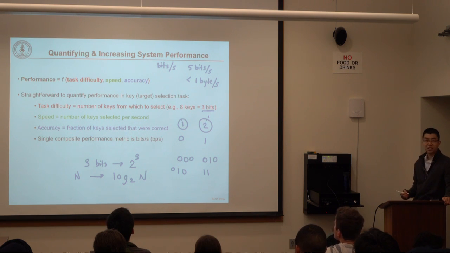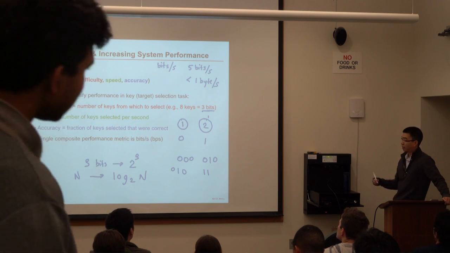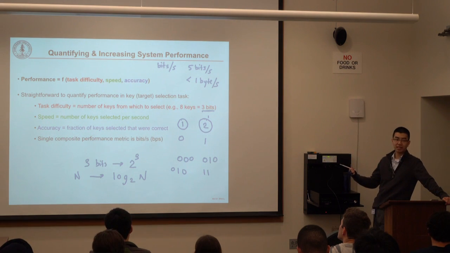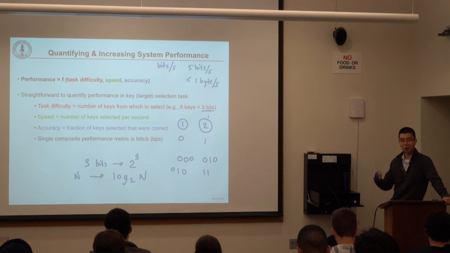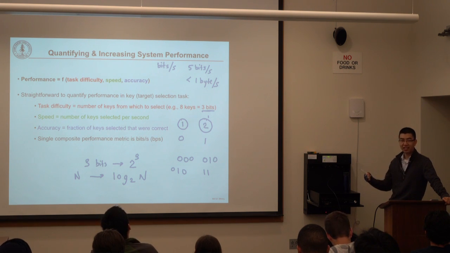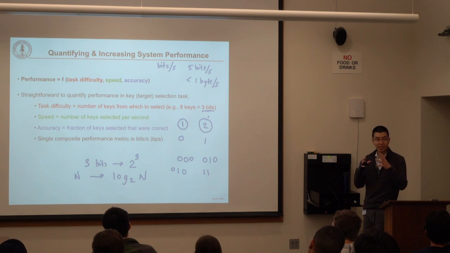And for accuracy, this is just a fraction of targets that you select correctly. And so if you had, for example, 16 targets, then each selection would convey 4 bits. But it's easier to decode 1 of 2 than 1 of 16, right? If you have 16 targets, then the targets will, for example, be more closely spaced to each other.